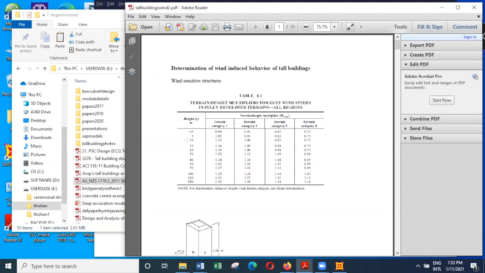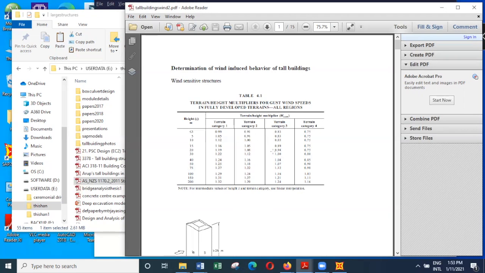Here you can see at a height of 10 meters in terrain category 2, the multiplier is 1, which means the basic wind speed applies. Then as the height of the building increases and so as the terrain, you'll find that the obstructions to wind can actually reduce the wind speed to a certain extent.